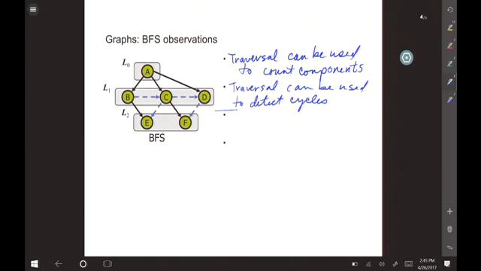So the D structure, which is really just a map, gives shortest distance from start to every other vertex.